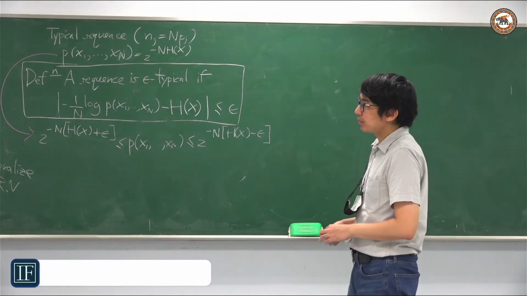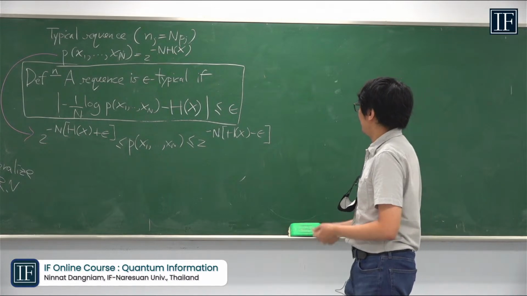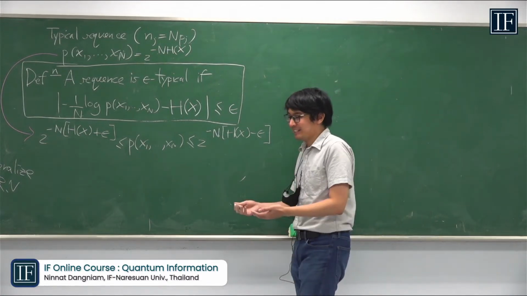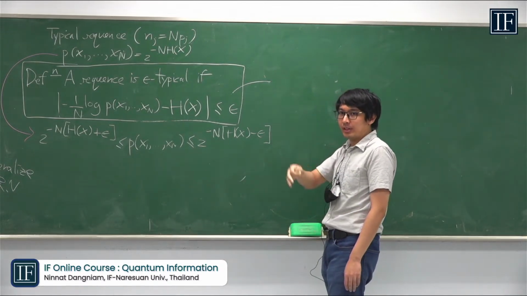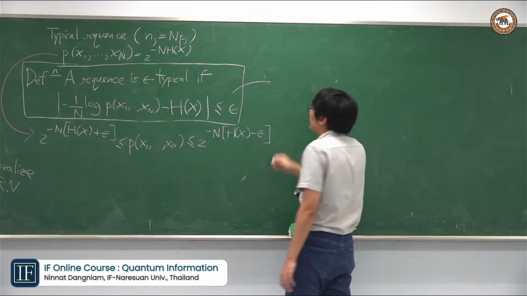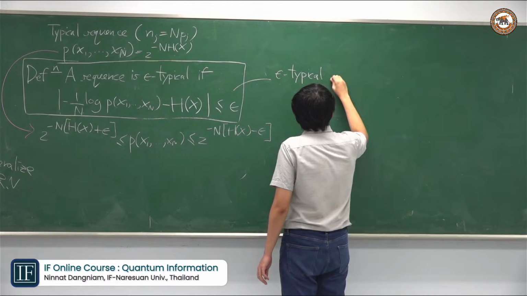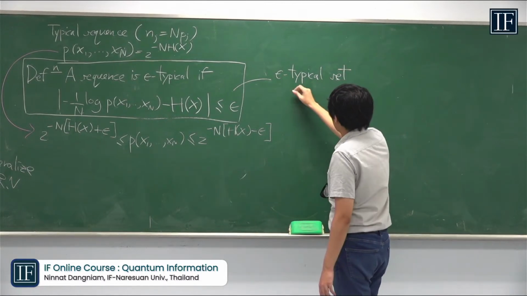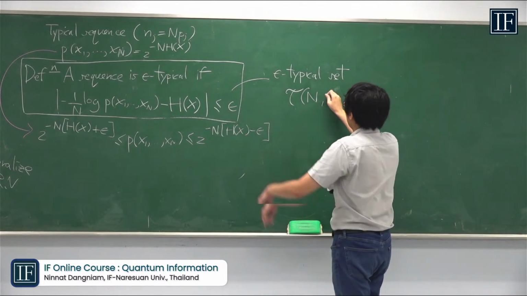To make it easier to say, I will call the set that contains all of the typical sequences a typical set, or here the epsilon-typical set, and I will denote it by script T with parameters n and epsilon.